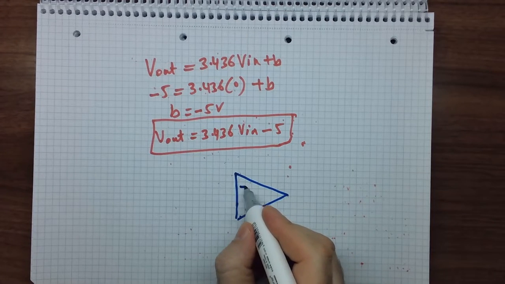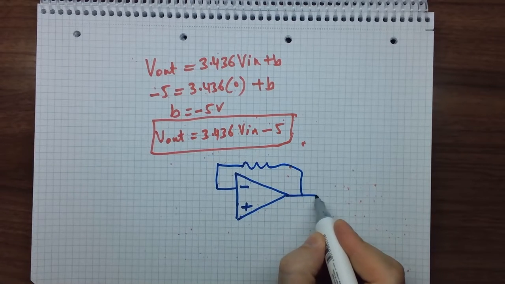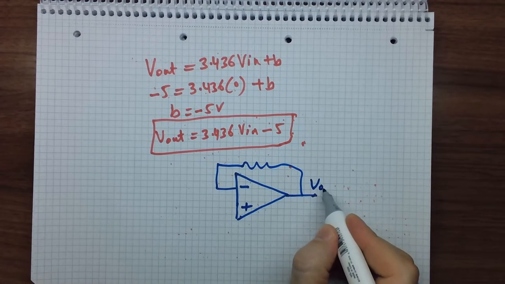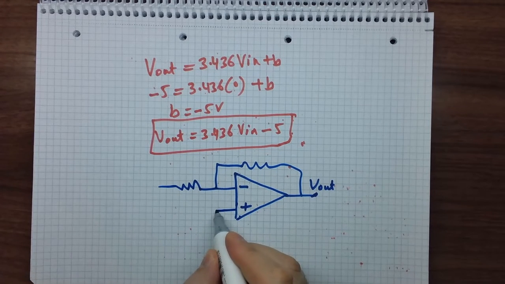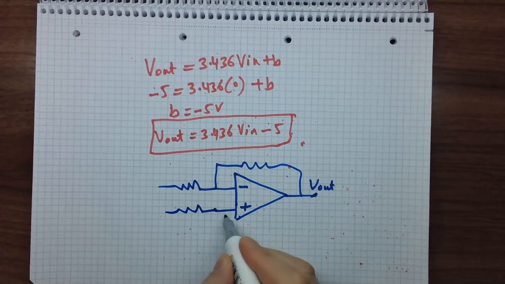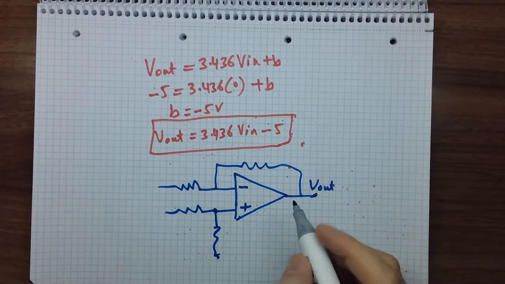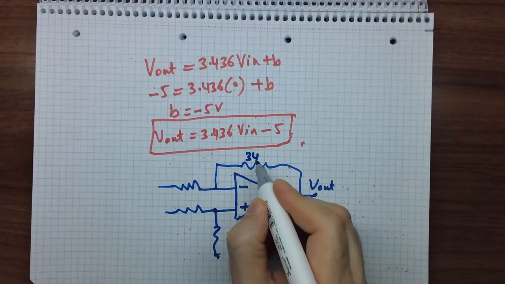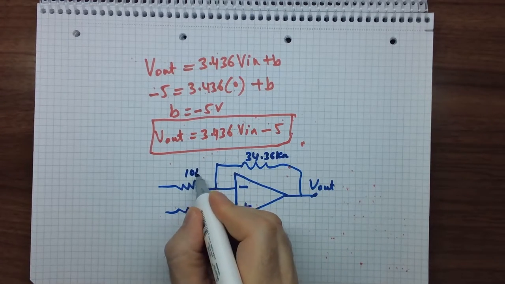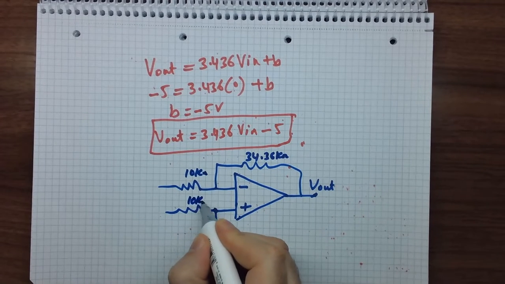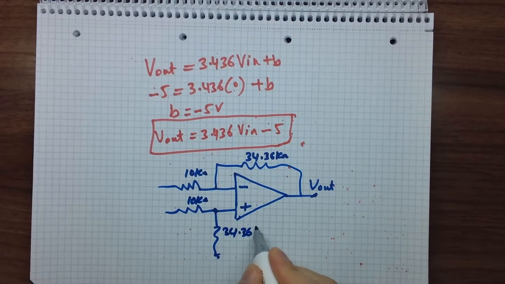This is the minus, this is the plus. This is V out. The gain is 3.4, so we can choose this to be 34.36 kilo ohm, and this is 10 kilo ohm, this is 10 kilo ohm, and this is 34.36 kilo ohm.